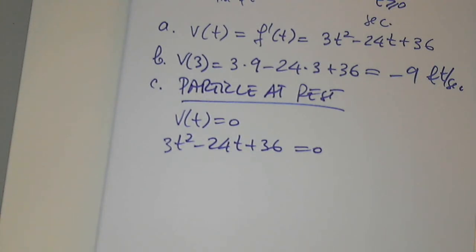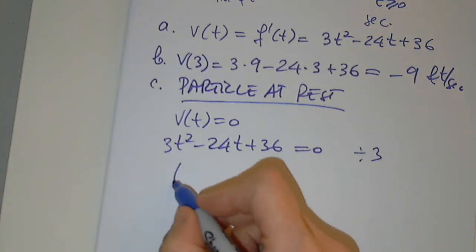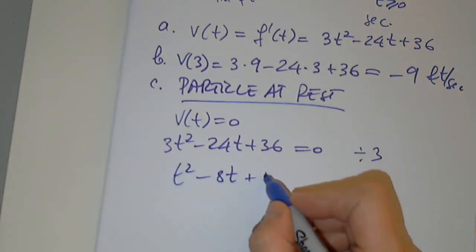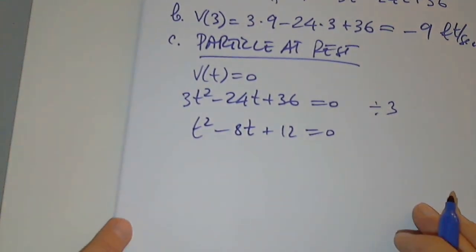What do we do next? We will divide both sides by 3 to clean it up. So we have t squared minus 8t plus 12 equals 0.